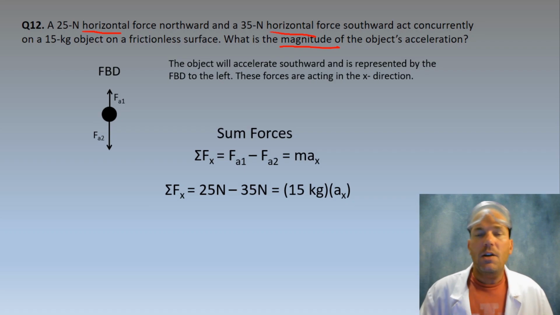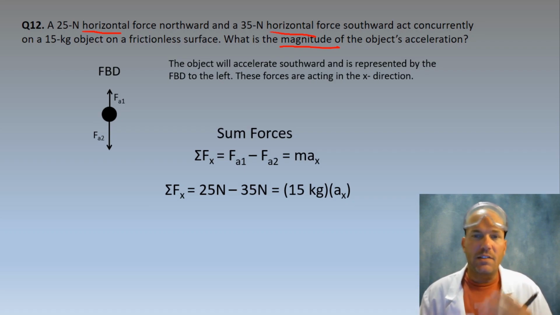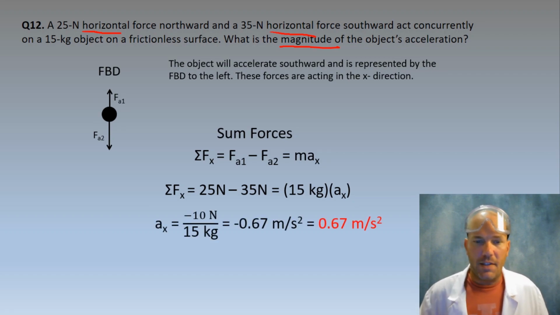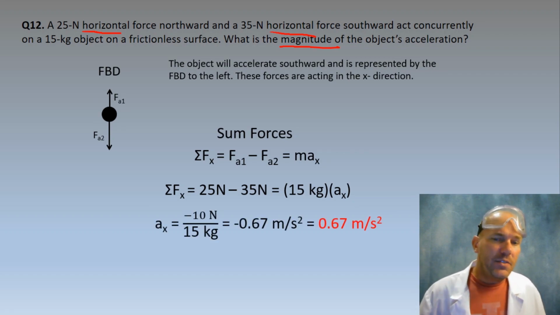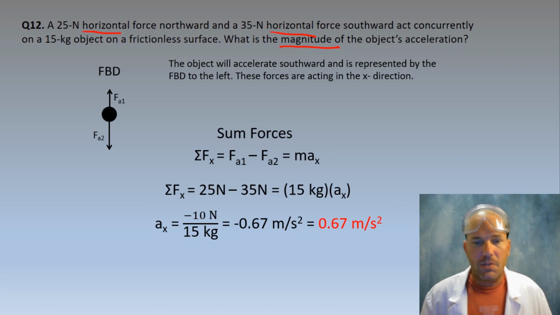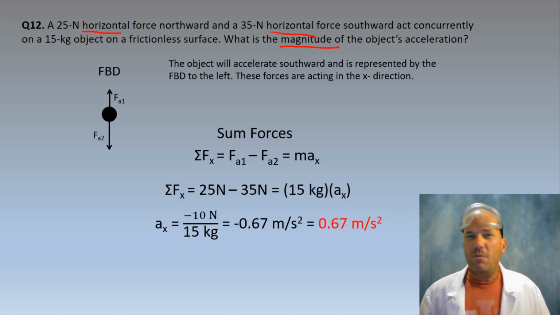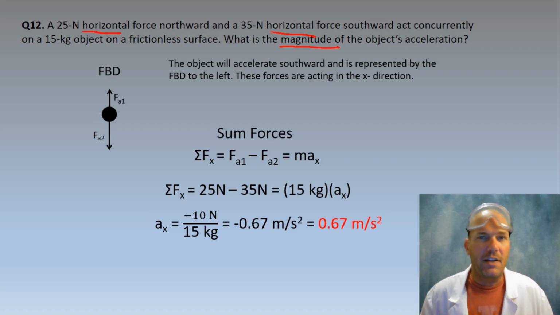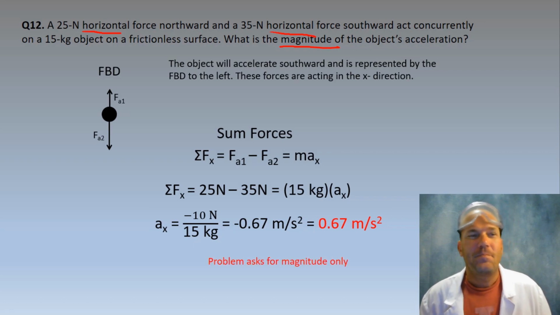Plugging in our numbers here, along with the mass of the object, and solving for the acceleration in the x, we get a negative 0.67 meters per second squared. However, the question only asks for the magnitude of the acceleration, so the final answer is 0.67 meters per second squared.